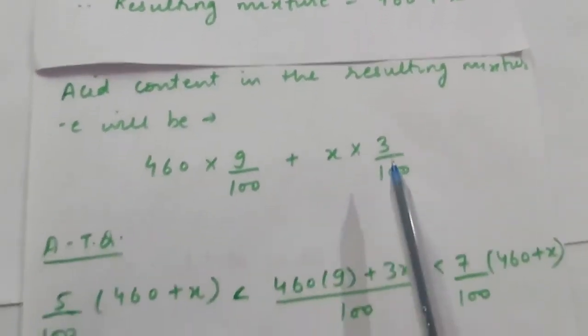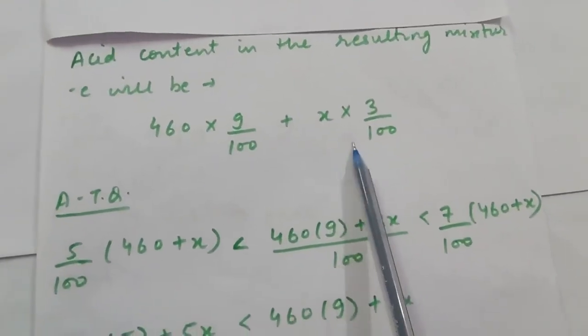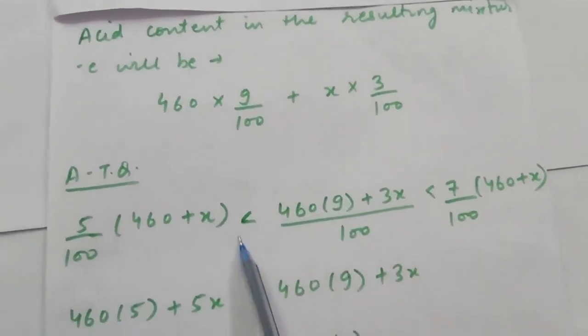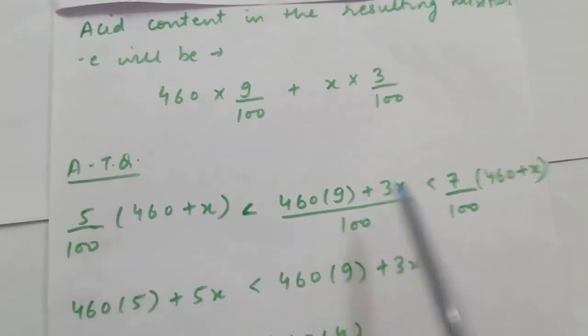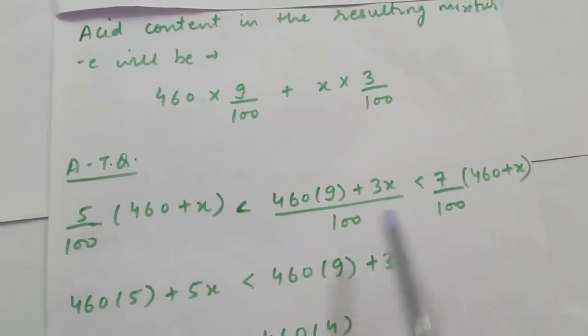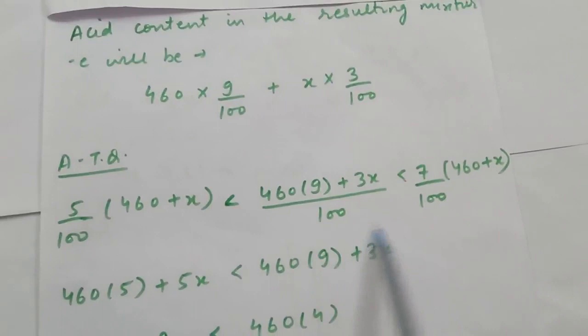It is given that the resulting mixture's acid content should be greater than 5% and less than 7%. So according to the question we have written this statement.